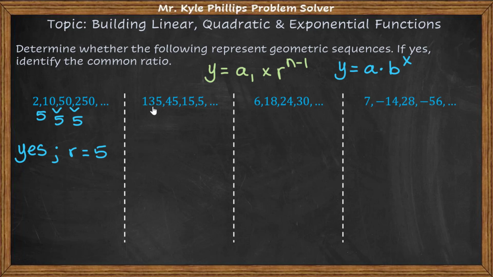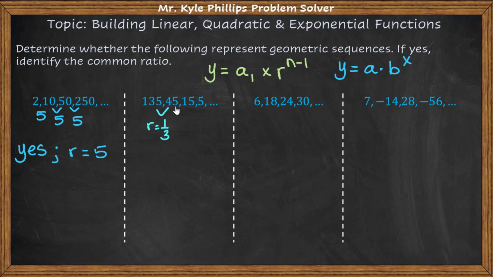All right, let's look at number 2, 135 to 45. What did I multiply 135 by to get 45? Here, the easiest thing to do is just divide. So 135 divided by 45 gives me 3. That means that I am multiplying right here by 1/3.